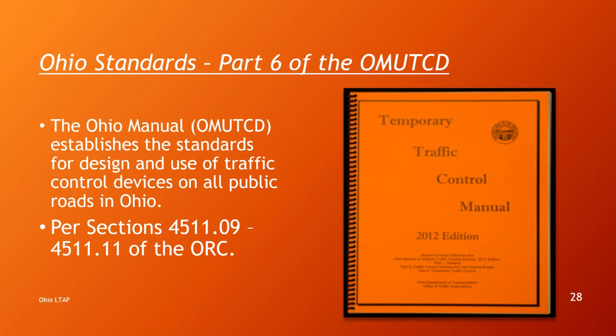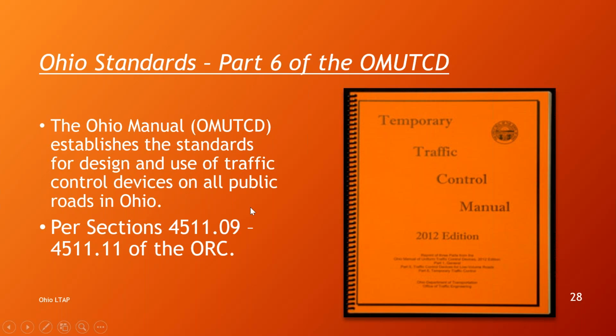Then there's a part on traffic signals, a part on low volume roads, and a part for railroad crossings and school zones and things like that. Each one of those things has its own part of the manual dedicated to it. But part 6 deals with work zones, otherwise known as temporary traffic control.